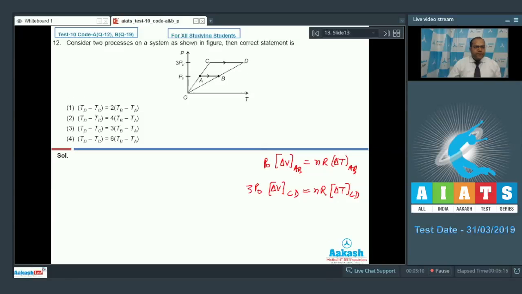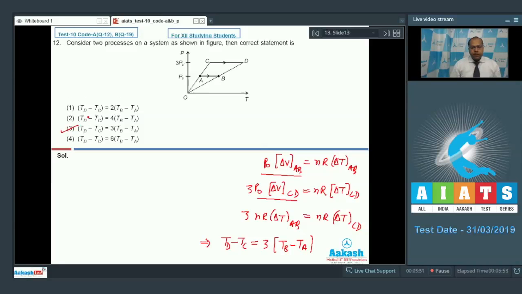So this can be further written as 3 into P naught into delta V of AB is equal to this, and we can replace this by nR delta T from A to B. So this is equal to nR delta T from C to D, or the temperature difference TD minus TC is equal to 3 times the temperature difference TB minus TA. So option 3 is the correct answer.